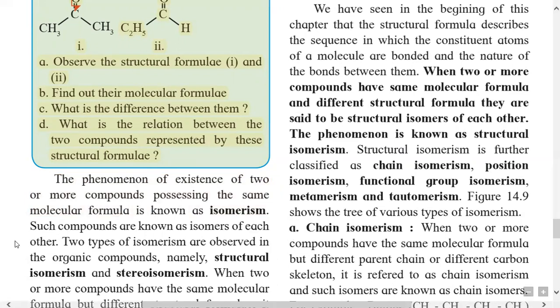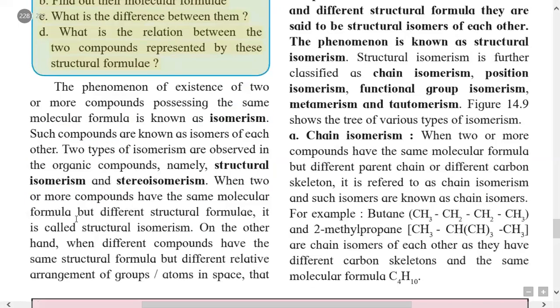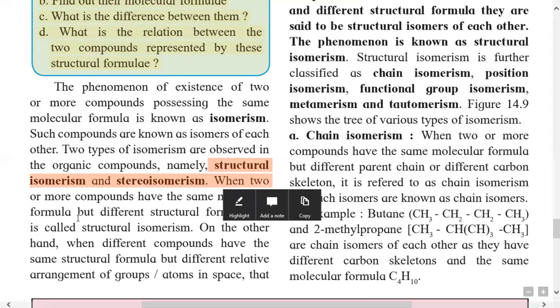So isomerism is mainly of two types. In organic compounds, structural isomerism and stereoisomerism are the two types of isomerism observed.